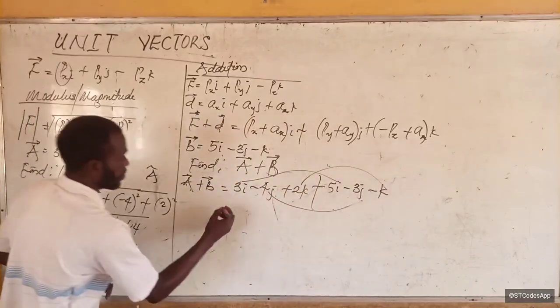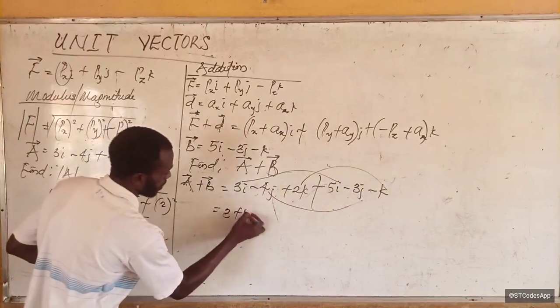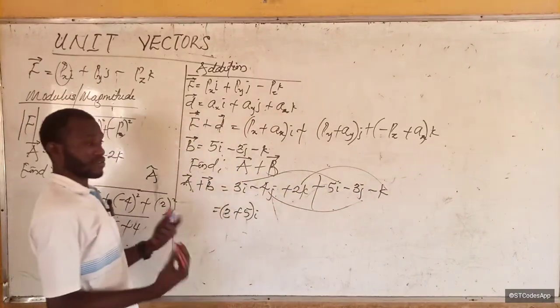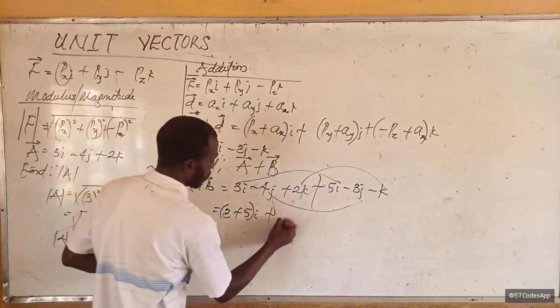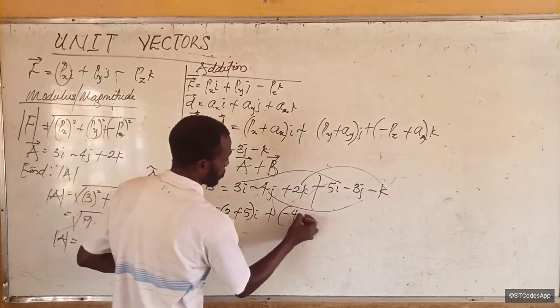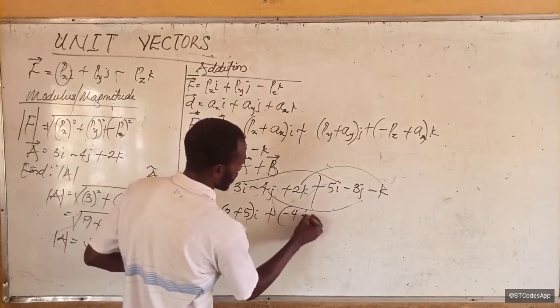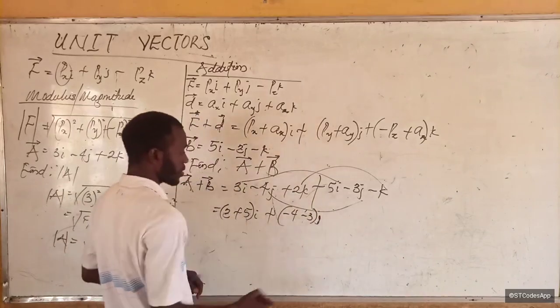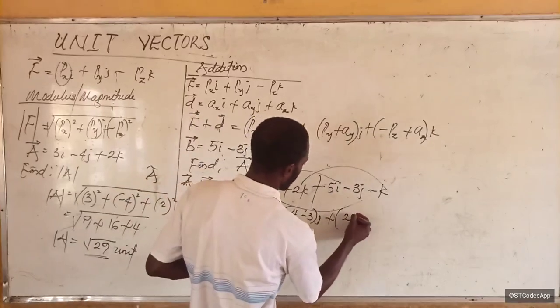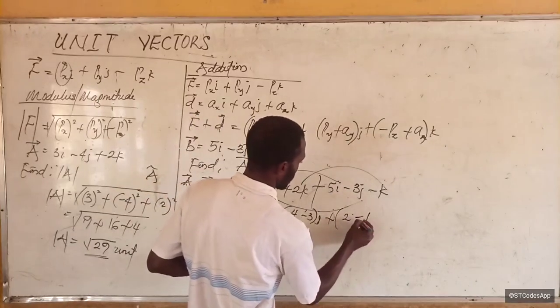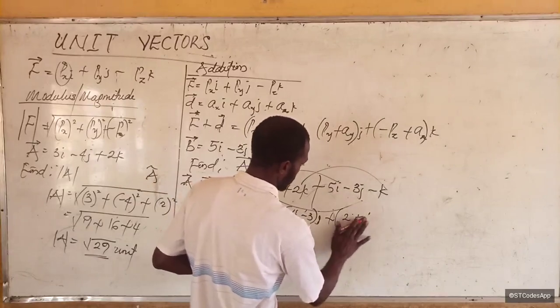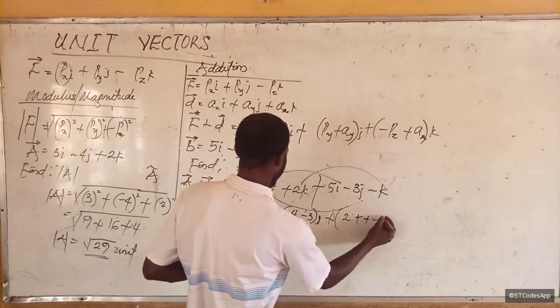So what do you have? 3 plus 5i, or 3i plus 5i, then plus minus 4 plus minus 3 for j, then plus 2 minus 1. 2 plus minus 1, do you understand? Because you're adding them, 2 plus minus 1.